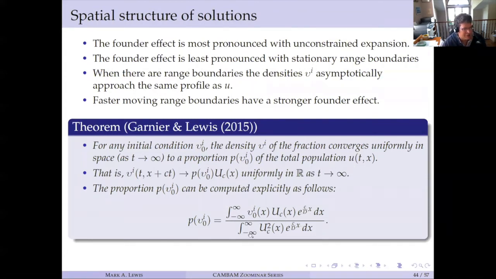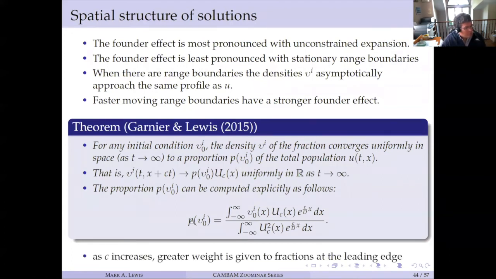I forgot to mention earlier, but this term on the bottom is just a normalization term to make sure all the P's add up to 1. We can see that as the climate change speed increases, greater weight is given to fractions at the leading edge, because this term e to the c over D is going to be larger if c is larger. And so that weighting is going to be stronger.